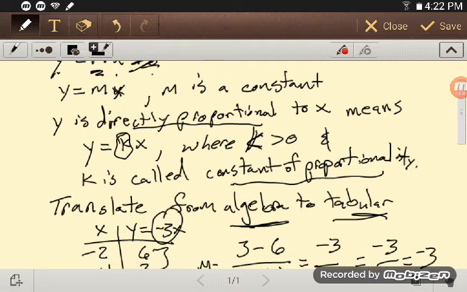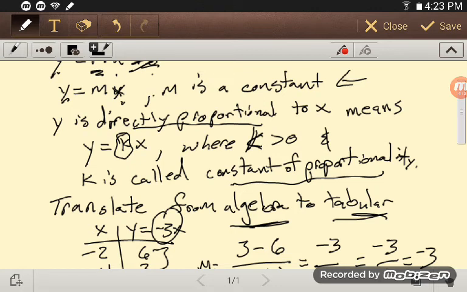Whereas if you're just talking about a straight line in general, and it has some slope or some rate of change of y with respect to x, well, that rate of change could be negative. So in other words, I could drop the y value as x increases. And so slope is a more general term than directly proportional or constant of proportionality. So proportionality is not as general as slope, but is very similar.